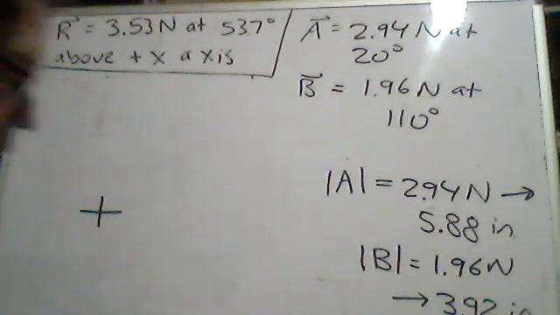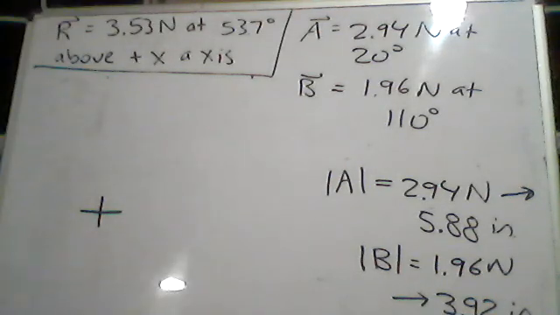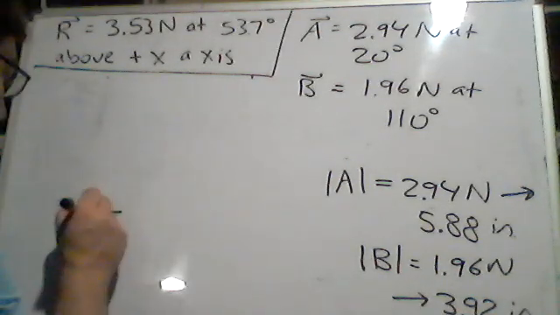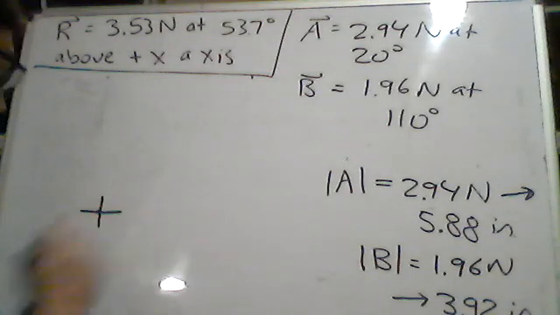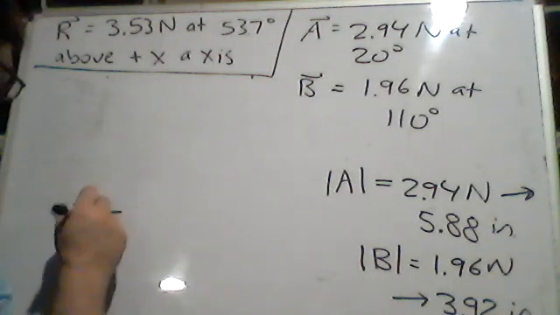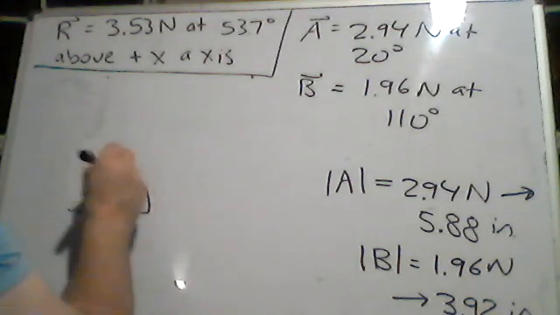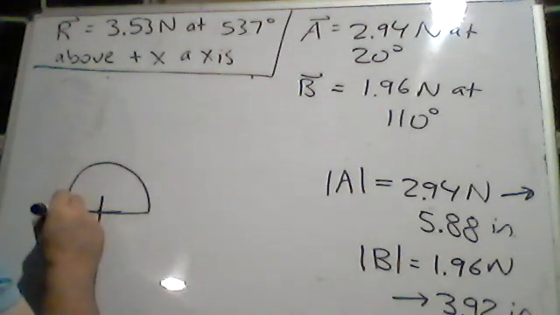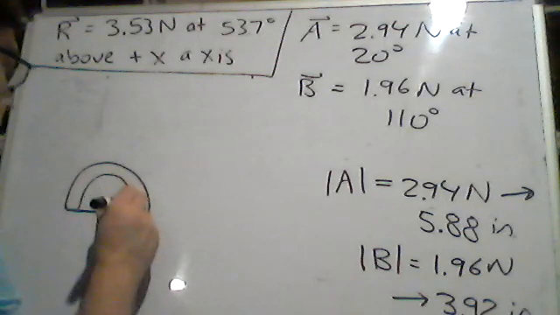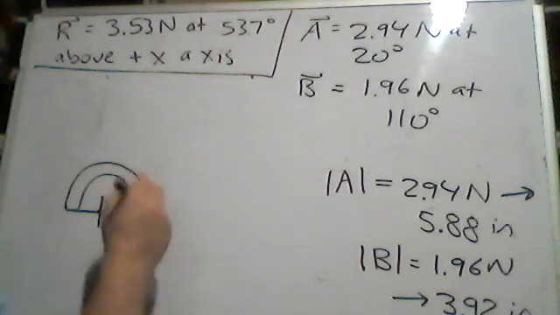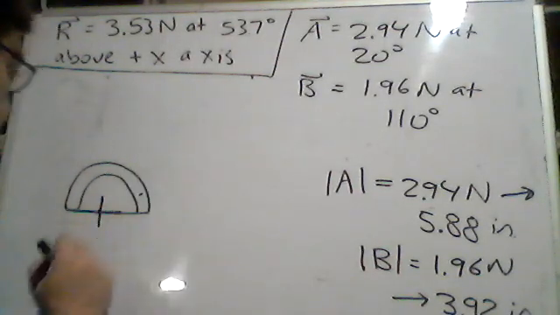And then I'm going to use my protractor. I'm going to put my protractor such that there's a little hole in the bottom of the protractor, in the center. You put your protractor along this hole. The protractor looks like this. And you figure out where 20 degrees is. So say 20 degrees is here.